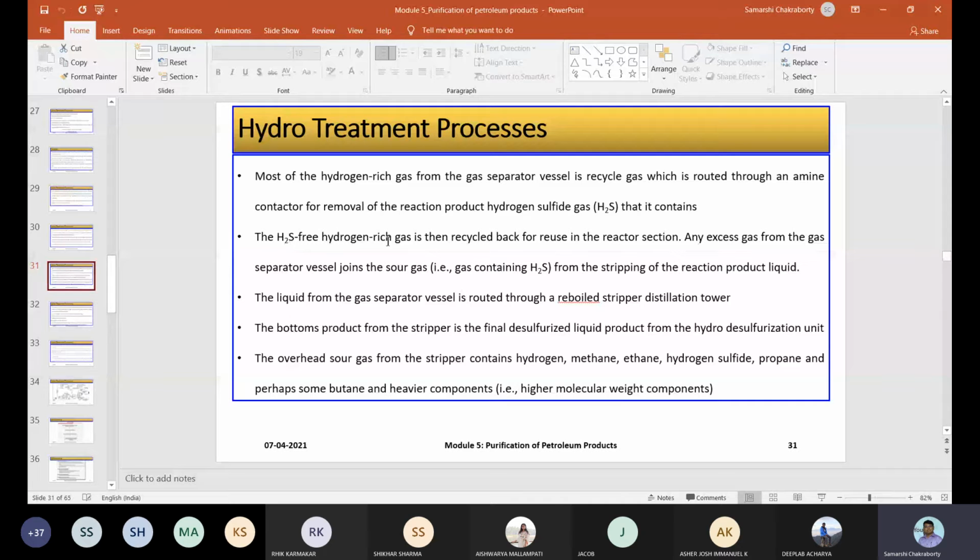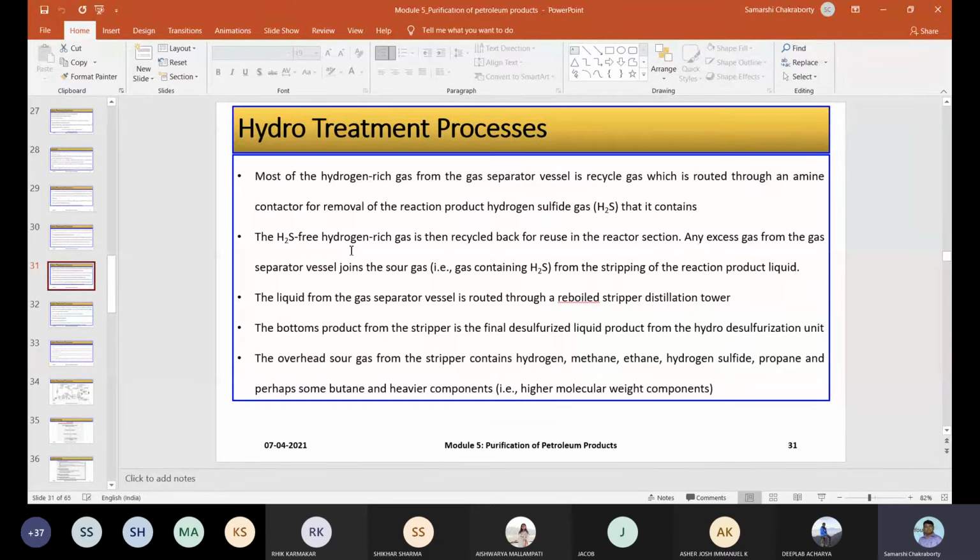Your hydrogen sulfide free hydrogen gas is then recycled back for reuse in the reactor, or a part of it you can also mix with your fresh feed and pass through the heat exchanger, and then heat it again, pass it through your heater section, and then enter it into your fixed bed reactor. So both options are available.